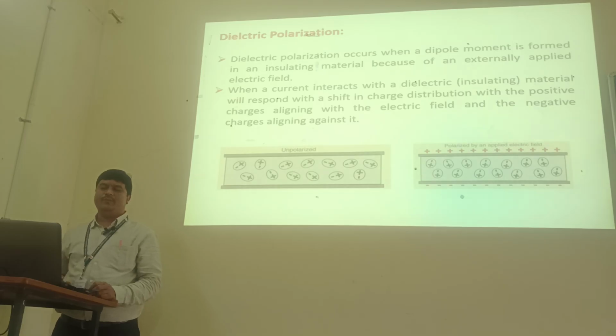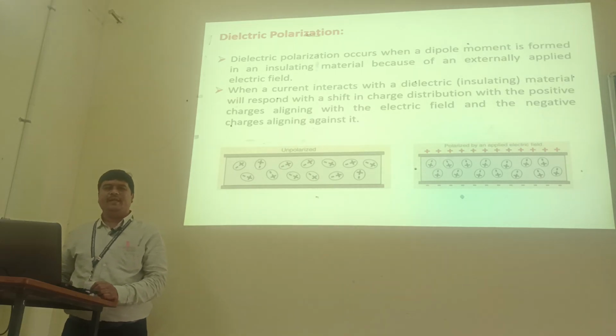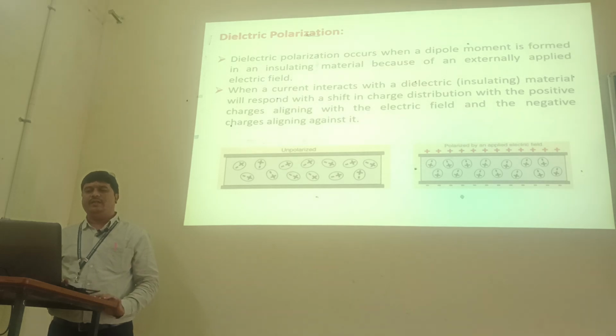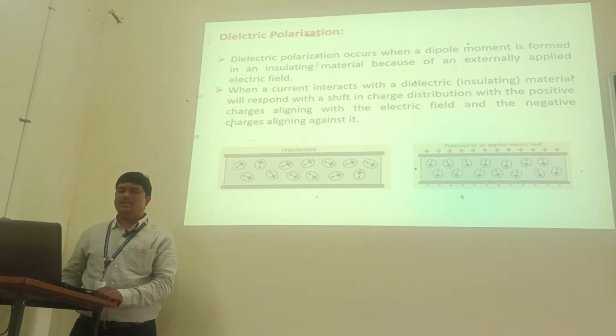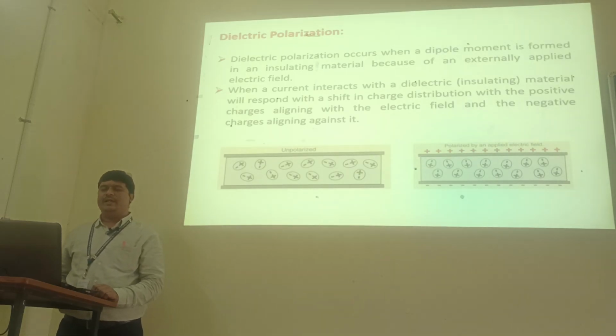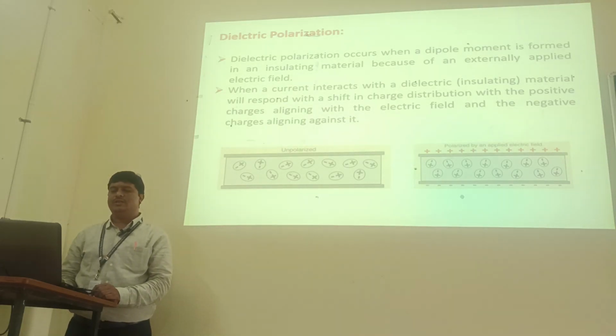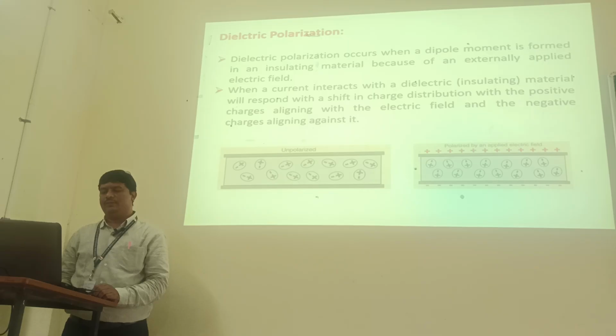Dielectric polarization. Dielectric polarization occurs when a dipole moment is formed in an insulating material because of an externally applied electric field. When an electric field interacts with a dielectric material, it responds with a shift in charge distribution, with the positive charges aligning with the electric field and the negative charges aligned against it.